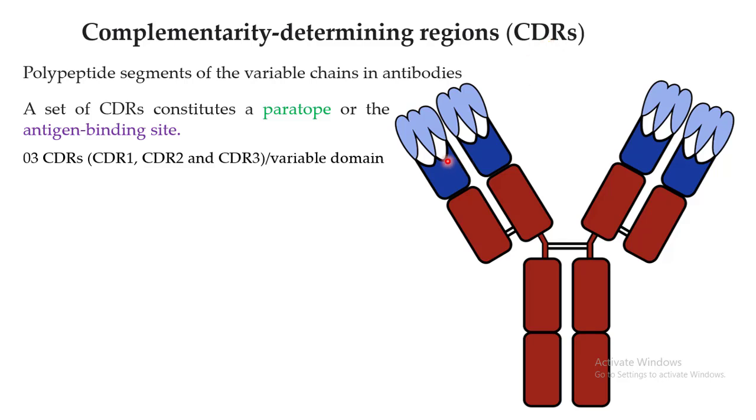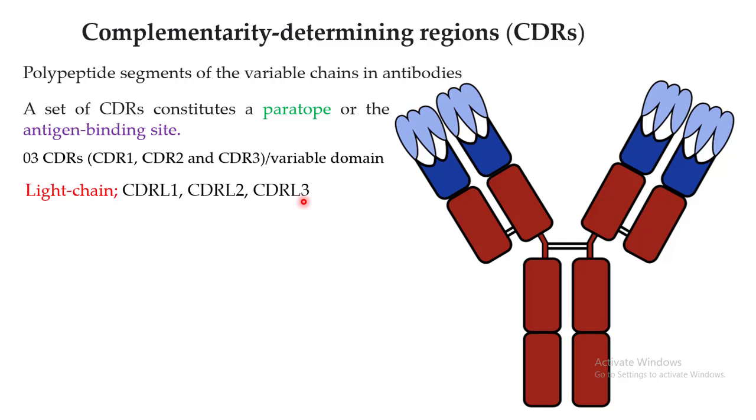So if this is the light chain and this is the heavy chain, you are going to see three CDRs in the light chain, known as CDR L1, CDR L2, and CDR L3. This is the complementarity-determining region of the light chain number 1, number 2, and number 3.